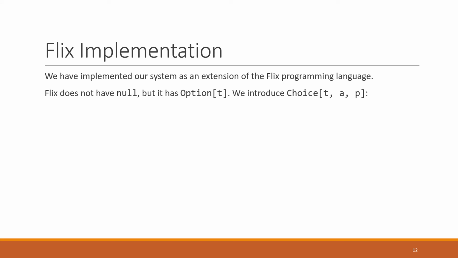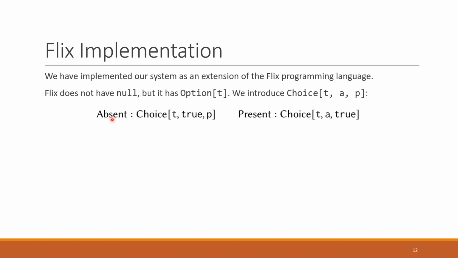Okay, so we have implemented this type system as an extension of the Flix programming language. In Flix, we do not have null, but we do have the option type. And so what we've done is to introduce something we call choice, which has a type parameter as option, and then it has these two Boolean formulas here called A and P. And then this data type has two constructors called absent and present, and they correspond essentially to what we've already seen.